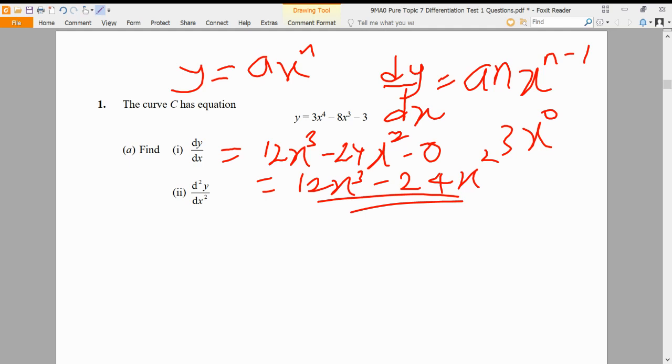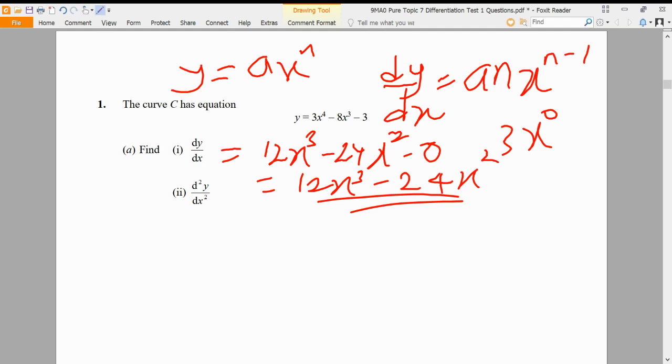The second one says, let us solve for d2y/dx squared. d2y/dx squared is simply the second derivative, that is, differentiate the first differential.